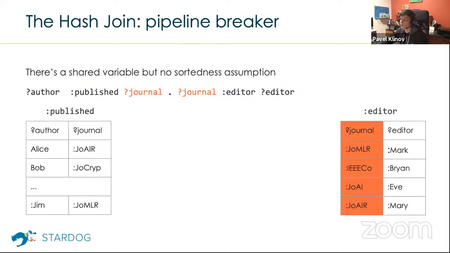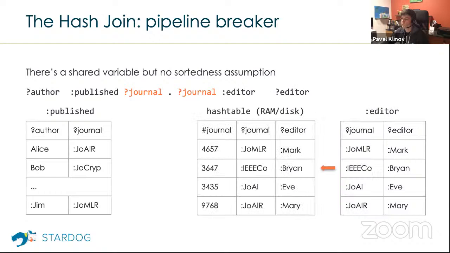So the huge difference between the hash join and the merge join is that we need to put the whole right relation or left relation, whatever, into the hash table before we produce even the first result of the join, at least in the classical version of the hash join algorithm.